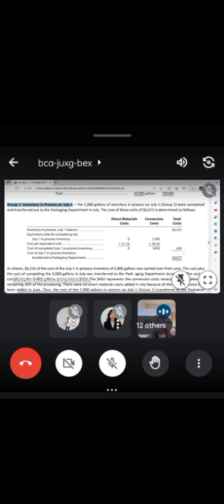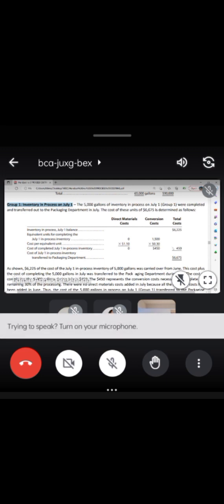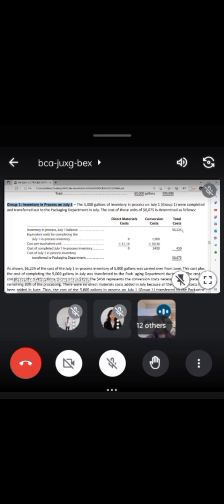Okay? Now 450 for the month of July plus katong cost niya sa June nga gi-carry forward nga 6,225. So the total cost for the beginning inventory is 6,675.